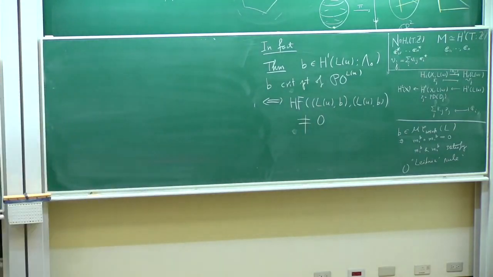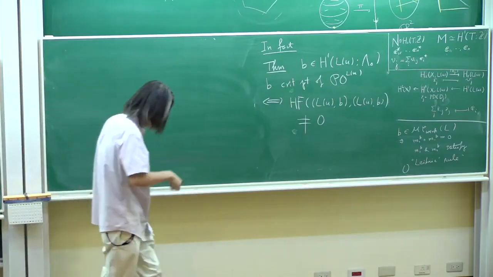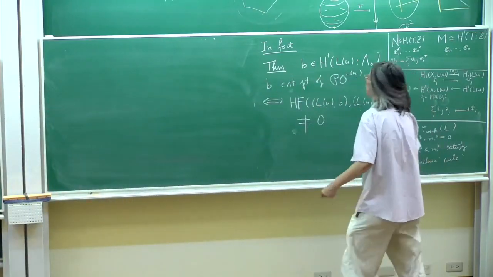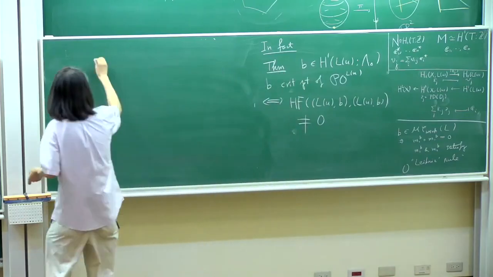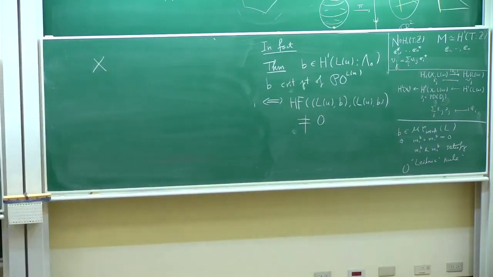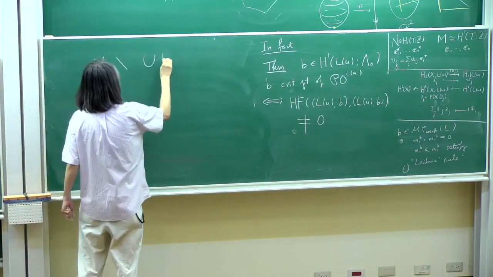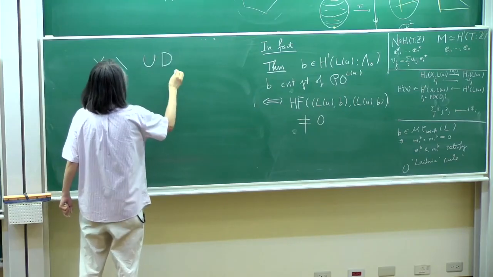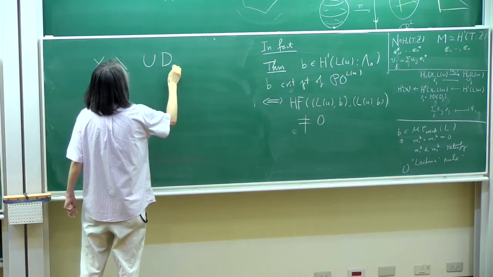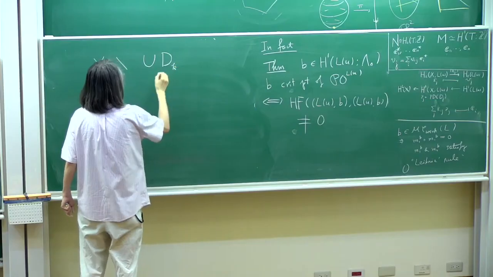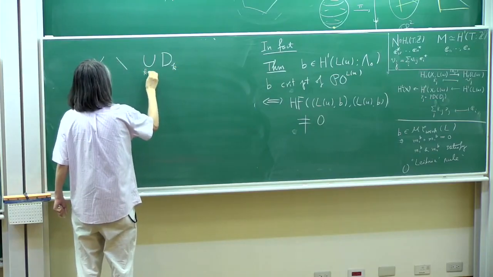Okay. So I have X and remove all toric divisors Di, Dk, which are different from Dj.